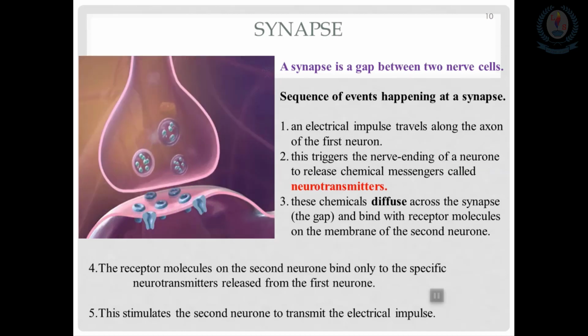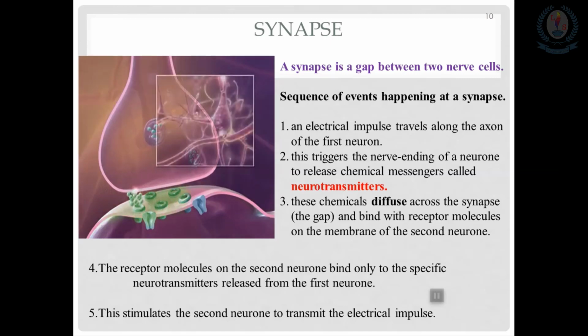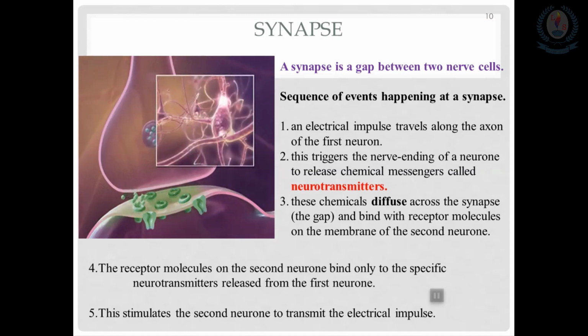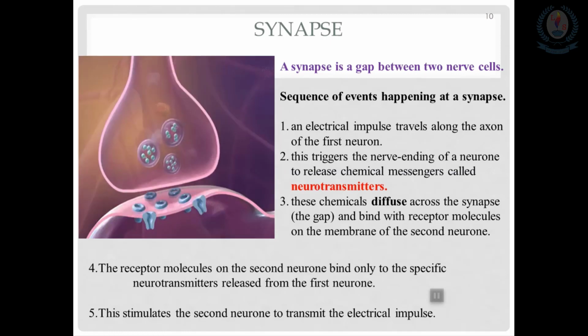These neurotransmitter chemicals diffuse across the gap and bind to the receptors on the membrane of the second neuron. This triggers the next impulse to continue its signal. So, synapses is considered as a junction between two neurons.